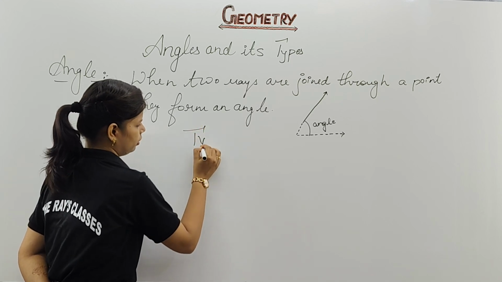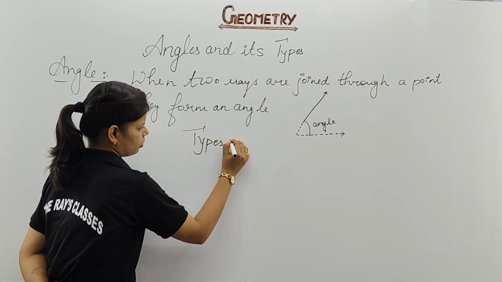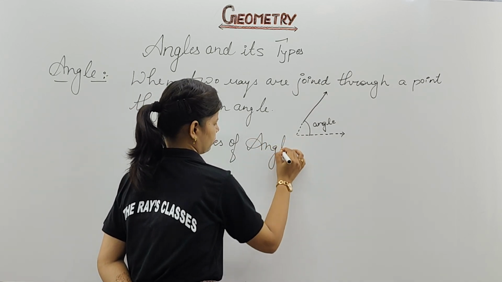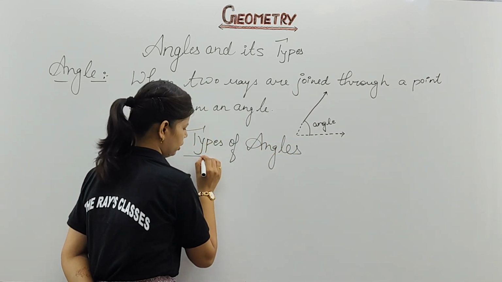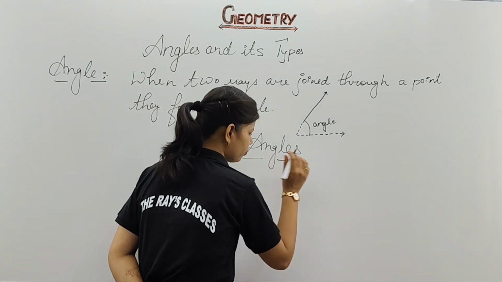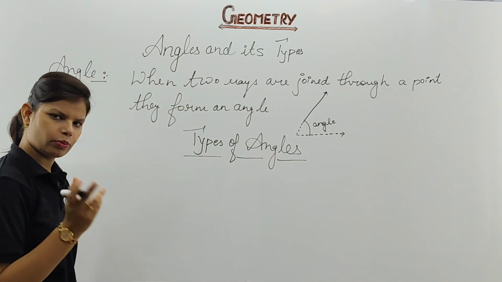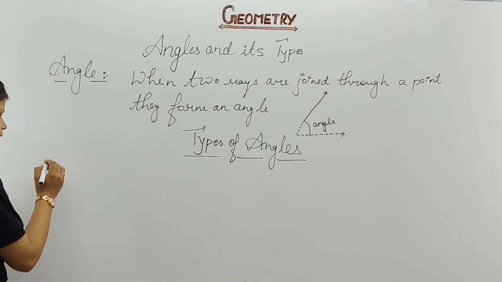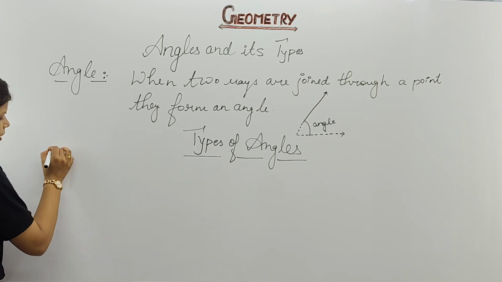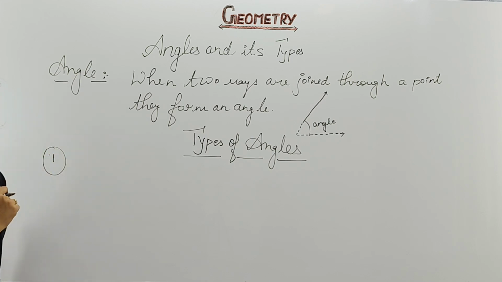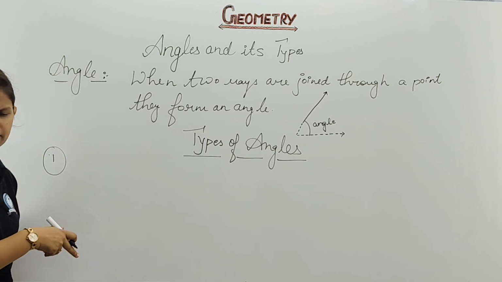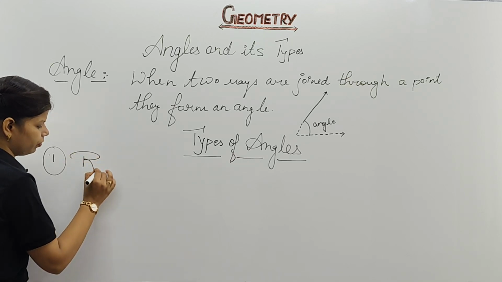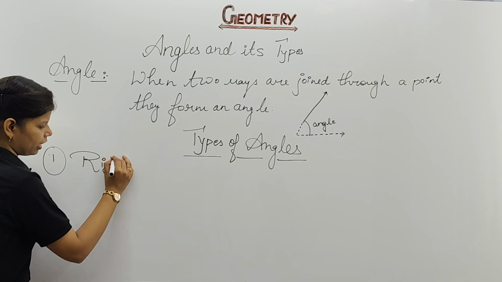Heading is what? Types of angles. Please note it down. We have four types of angles. Once again I'll explain in short form, and then I'll go into the detailed discussion. Can you guess what your first type is? I explained it only a few minutes back. Okay, your first type will be your right angle.